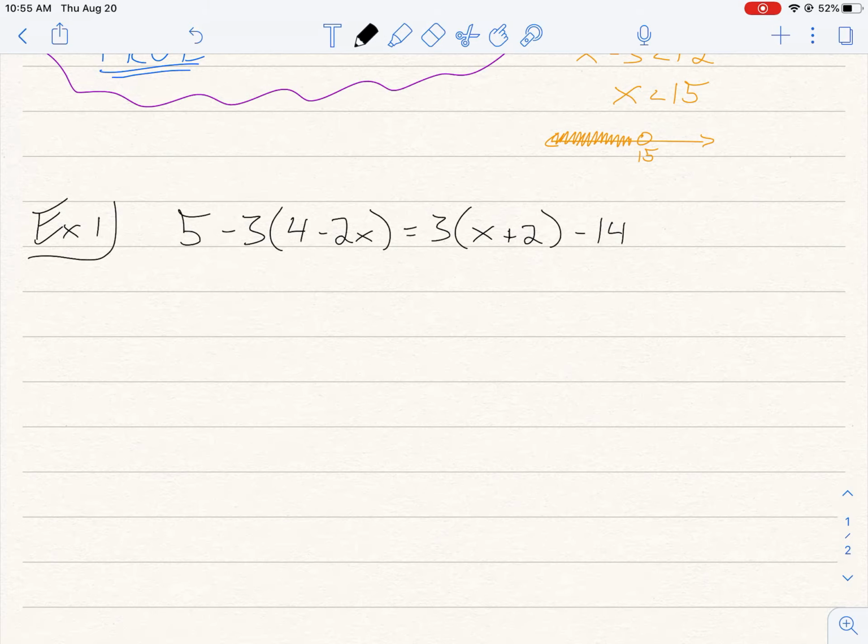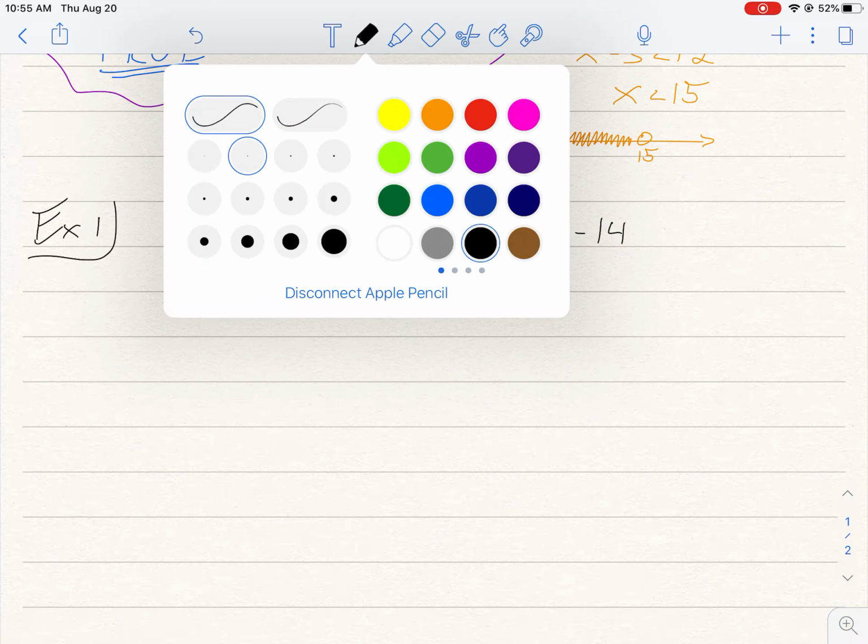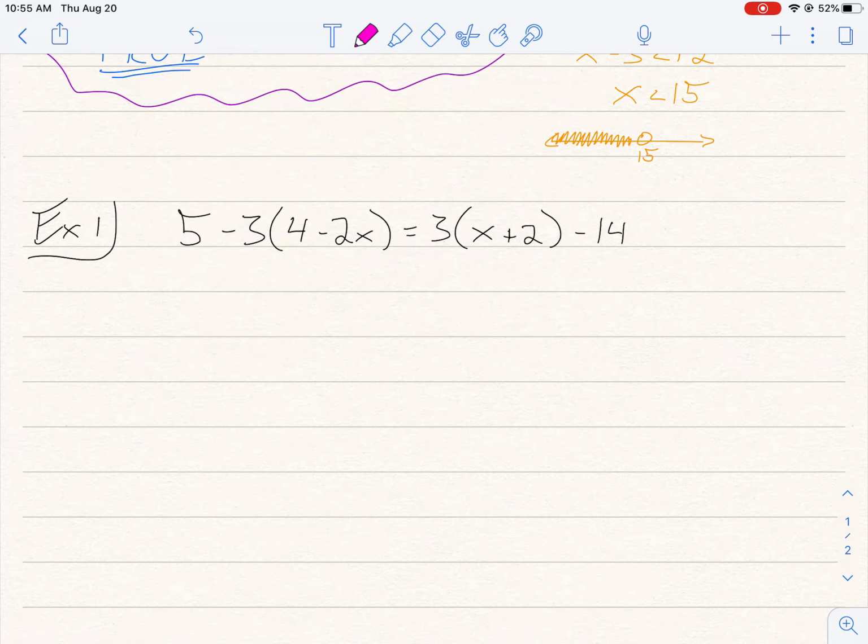All right, so hopefully you were able to work through this problem. Now, one of the biggest mistakes that I come across with students is that the first thing you have to do is distribute. A lot of students want to combine these like terms because they see 5 minus 3 and they turn that into 2. But remember your order of operations, multiplication always comes before addition or subtraction.